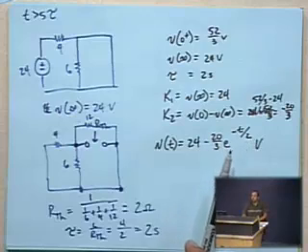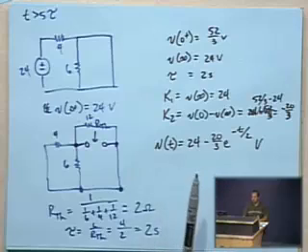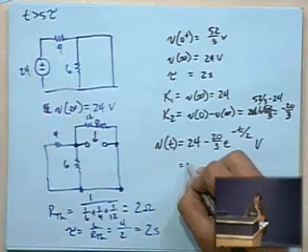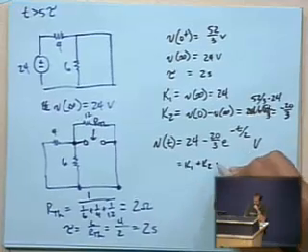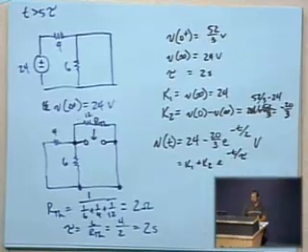If the question happened to ask how long does it take the circuit to settle down or something like that, then you would write 10. But the form of the equation that we're working with is k1 plus k2 e to the negative t over tau, and not the negative t over 5 tau. So you put 2 in there.